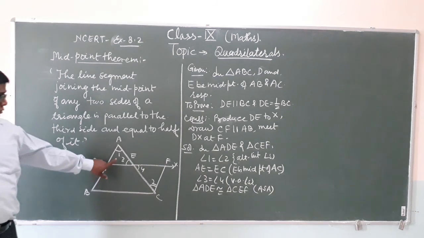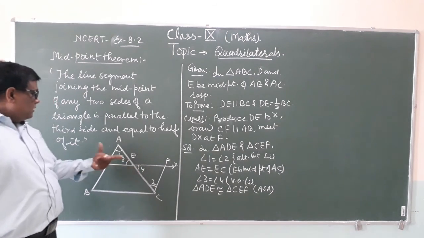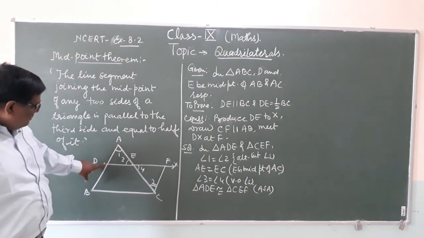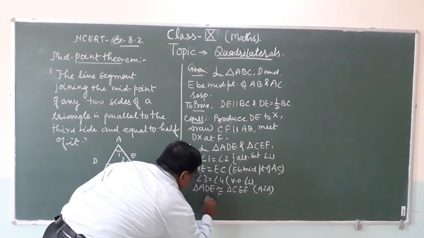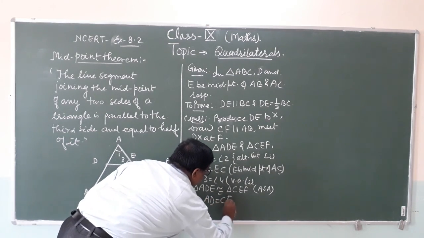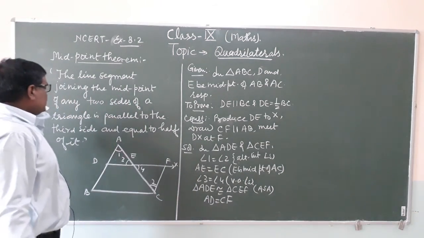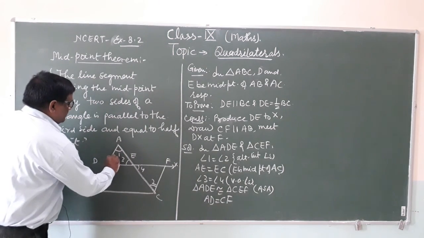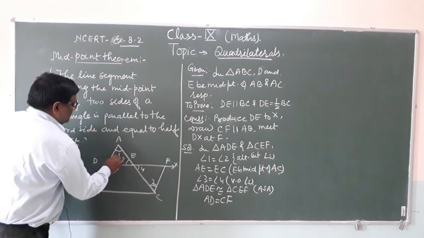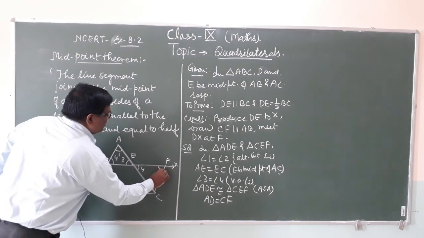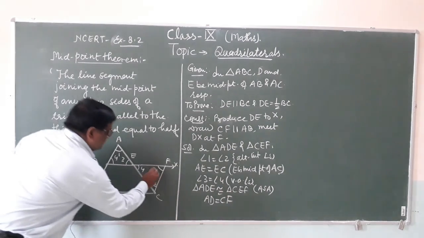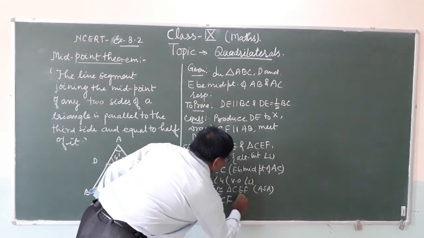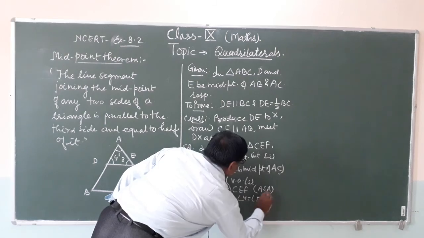If these two triangles are congruent, therefore the remaining parts are equal. Therefore AD is also equal to CF, and angle 4 is equal to angle 5.